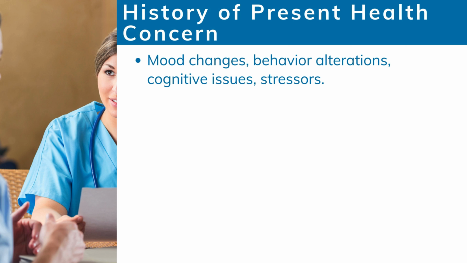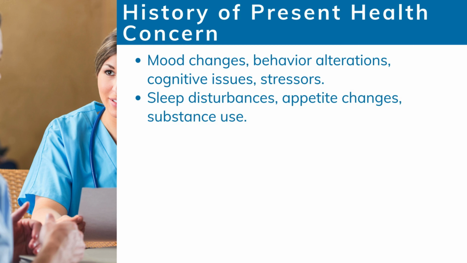Cognitive issues. Are they experiencing memory problems, confusion, or difficulty concentrating? Stressors. Are they dealing with personal or professional challenges? Sleep and appetite disturbances. Poor sleep and appetite changes can be signs of underlying mental health concerns.